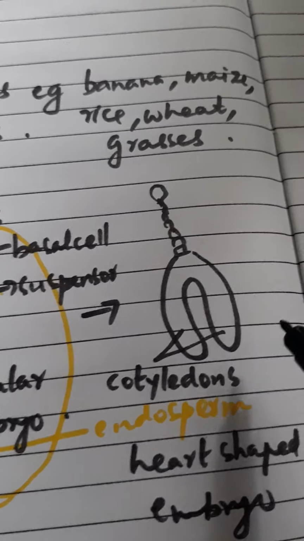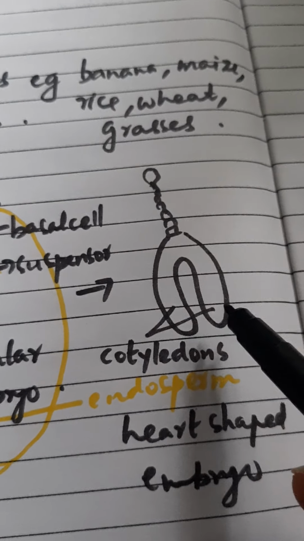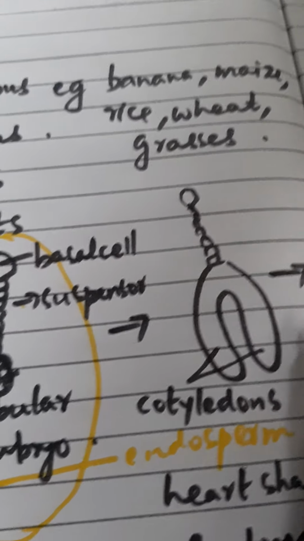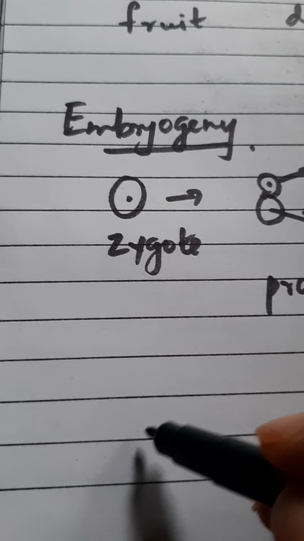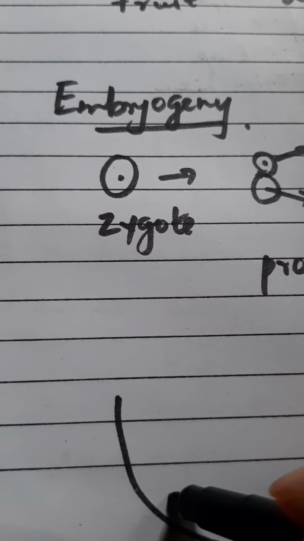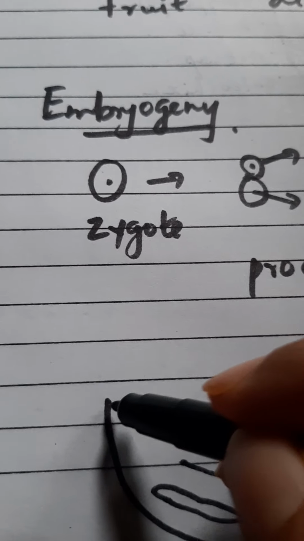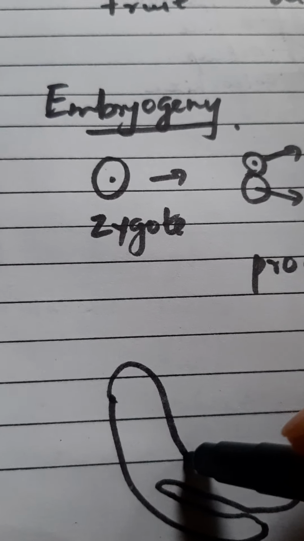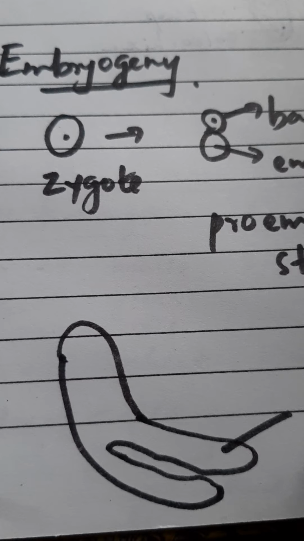As the embryo derives more and more nourishment from the endosperm, the size of the embryo grows, and the final stage is called the mature embryo. In the mature embryo, we can see the cotyledons are little more grown up. So these are the two cotyledons.